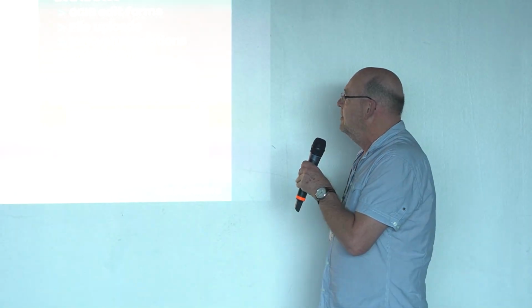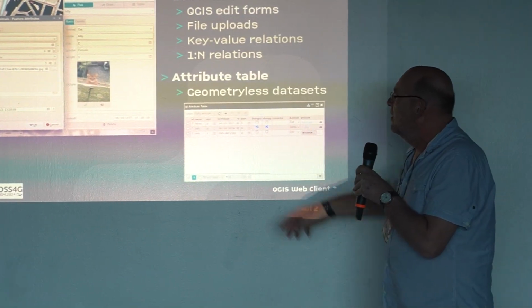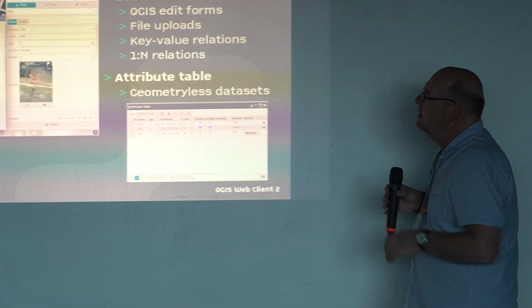Here's the attribute table of the layer you are editing, for example, geometry-less data sets, or you edit with geometry, and then you also get a predefined graphical user interface to capture the attribute data. You can make file uploads. You have 1-to-n relations. You can build in QGIS your nice user interface, and then you get that web-based to capture your data.